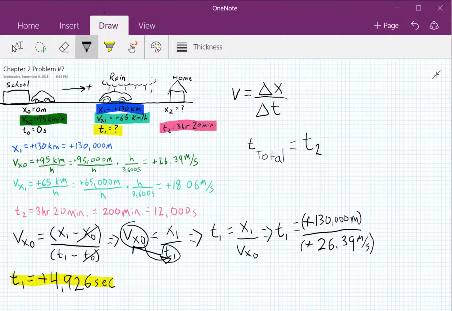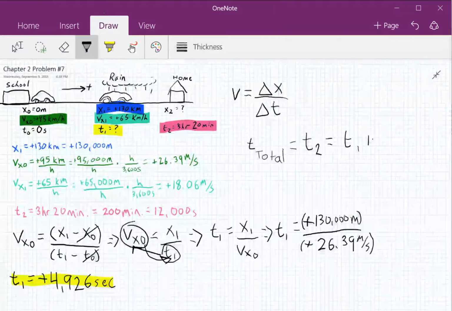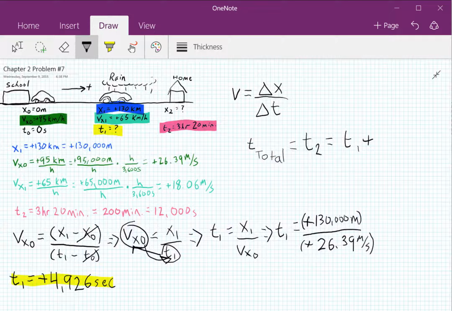But the total time also really means you're going to take t1 plus the change between t2 and t1.